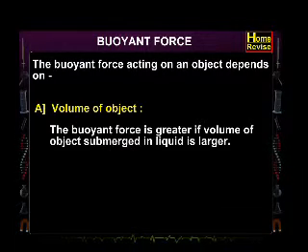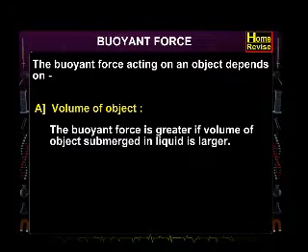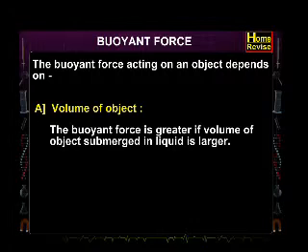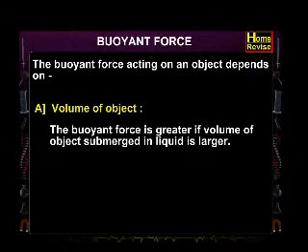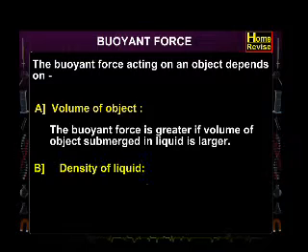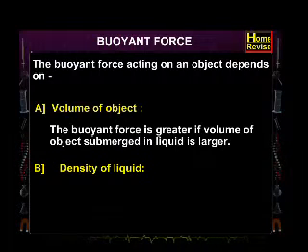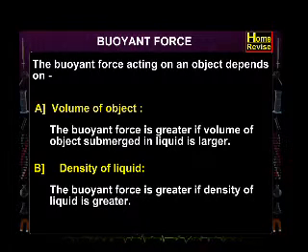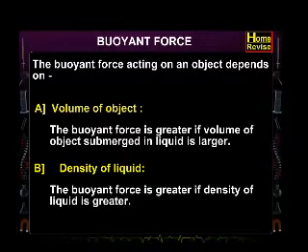The buoyant force is greater if the volume of the object submerged in the liquid is larger, and B. Density of liquid. The buoyant force is greater if the density of the liquid is greater.